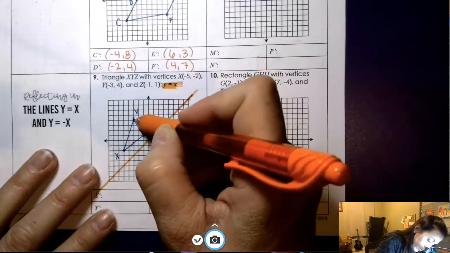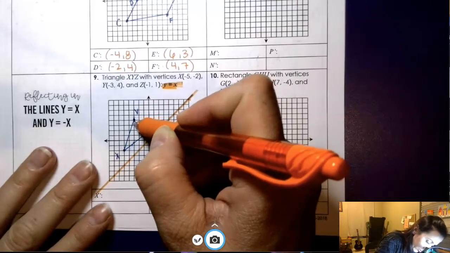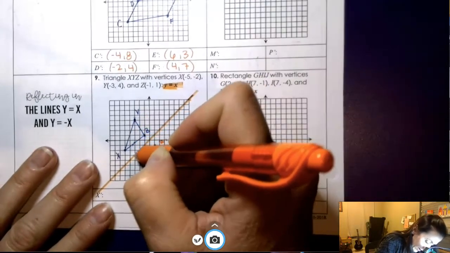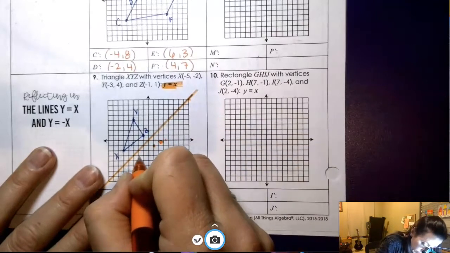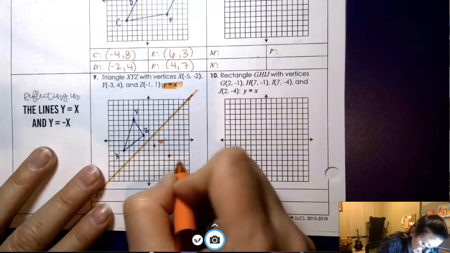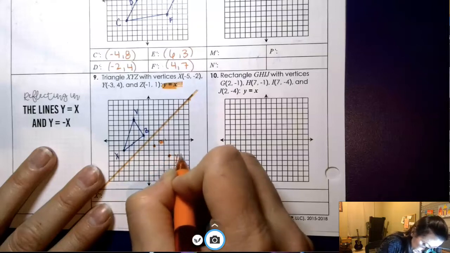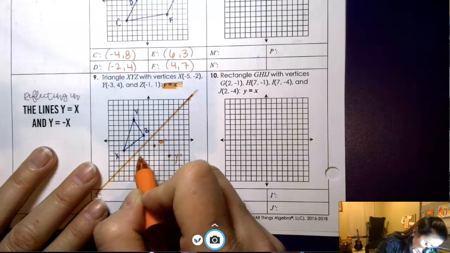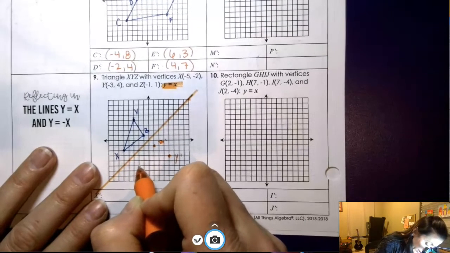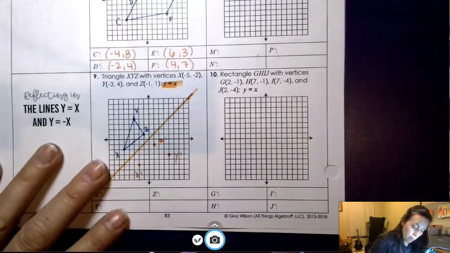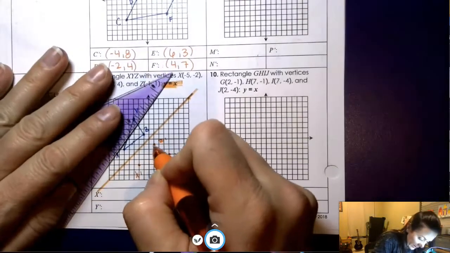If you go vertically 1, 2, 3, 4, 5, 6, 7, you're going to go away 1, 2, 3, 4, 5, 6, 7. If you go 1, 2, 3, you're going to go away 1, 2, 3. So whichever direction you go to it, horizontal or vertical, you go the opposite away from it.